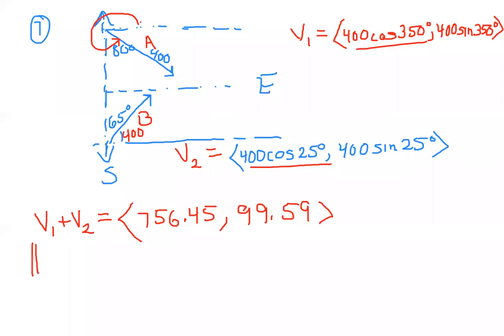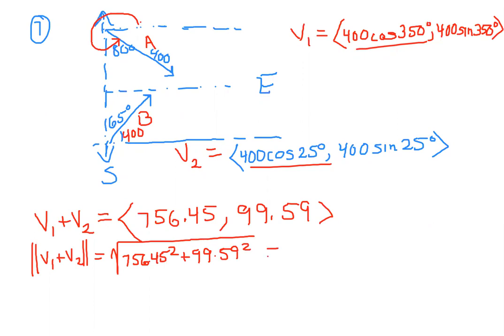Remember how you find magnitude: you just put 756.45 squared plus 99.59 squared into your calculator. Take the square root, and you get 762.98 pounds, because this is how much force.